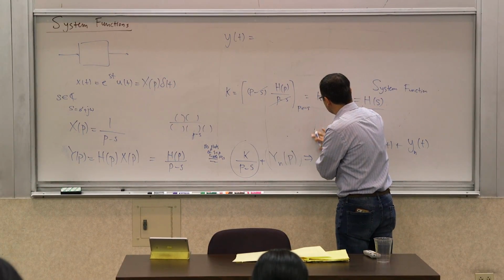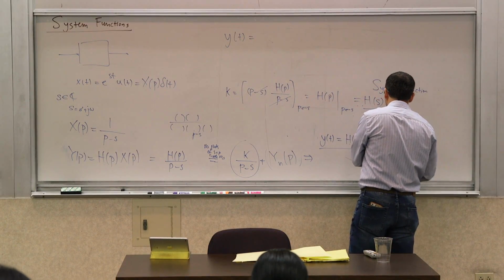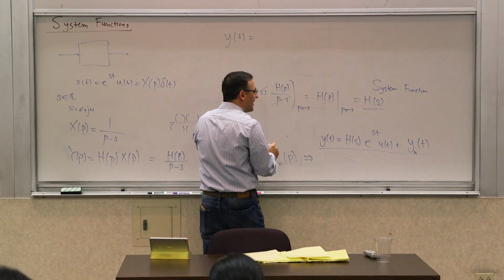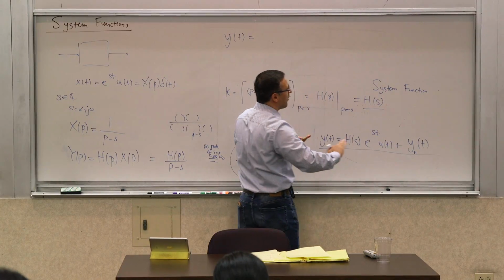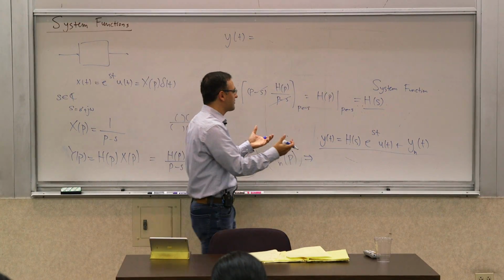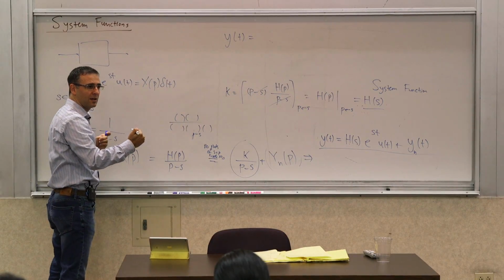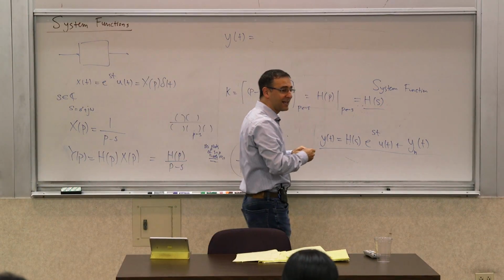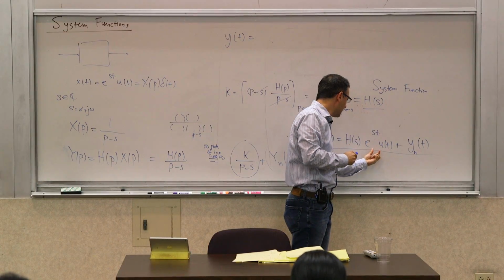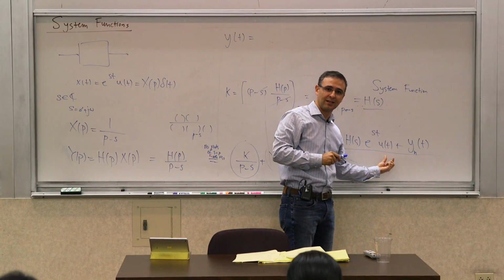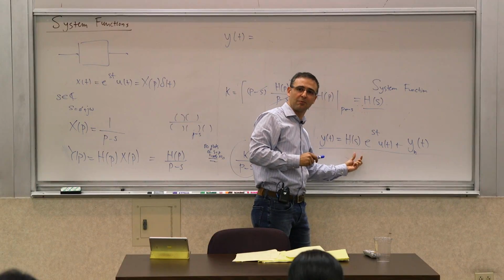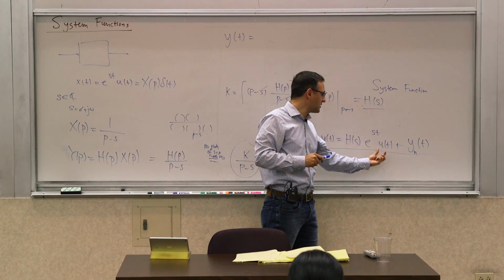So this is important. Now forget about all the derivation and look at this result. I had an input which was e to the st u of t. The system produced an output that has two parts. One part is e to the st u of t, with some coefficient weighted by some function H of s, and then some other part.